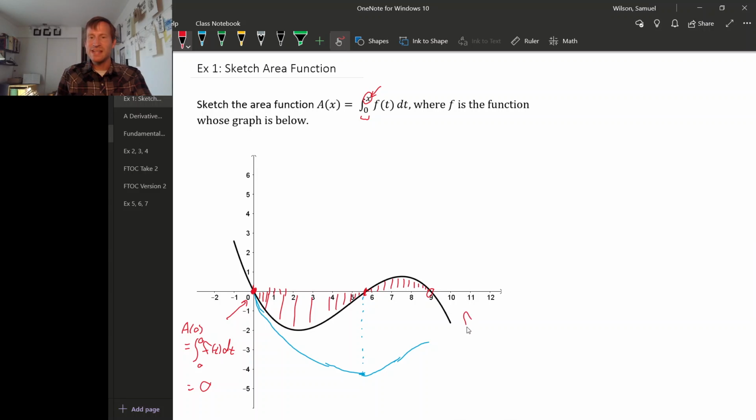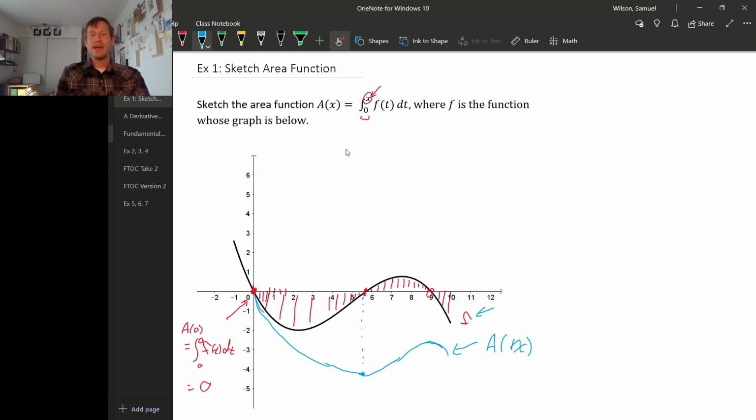When f has this next x-intercept, the area integral stops accumulating positive area, and so it levels off here. When we continue past this x-intercept, now we're accumulating negative area again, so our area function will decrease, like this. So here's a graph of the area function when we started with this original graph for f.